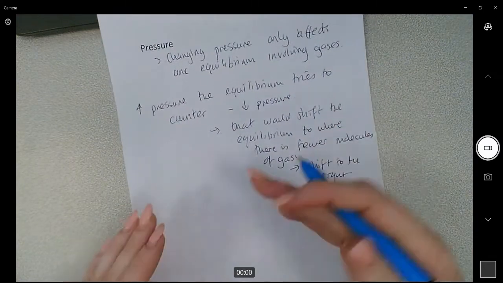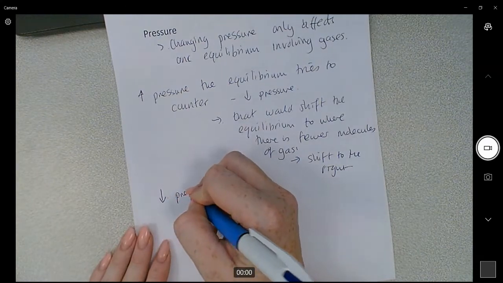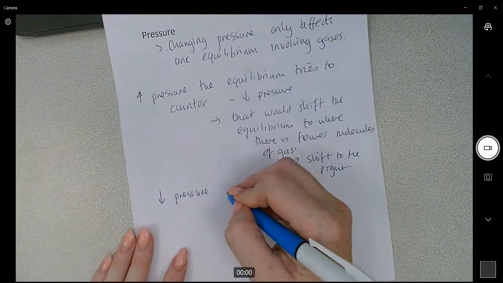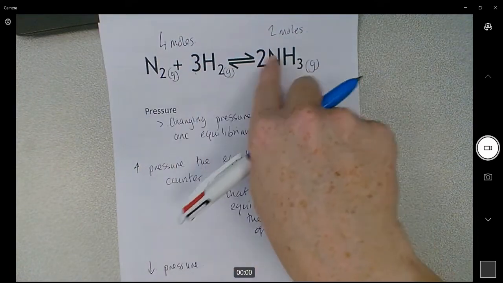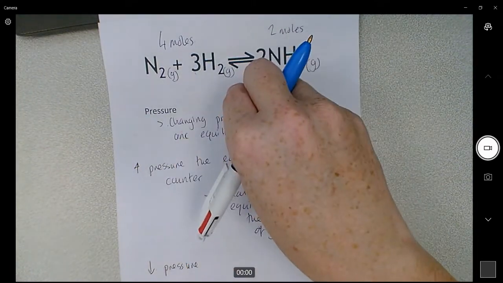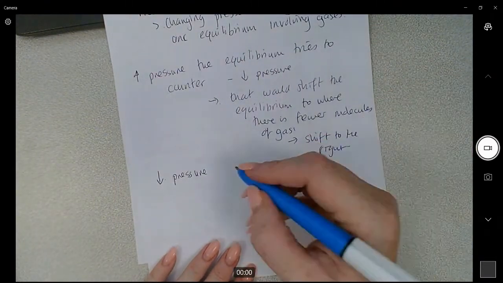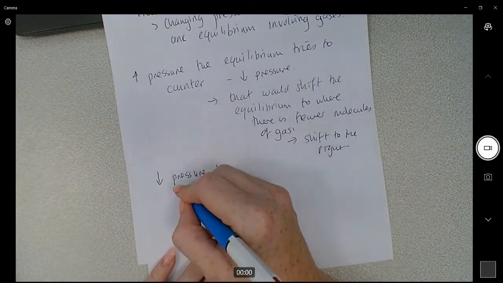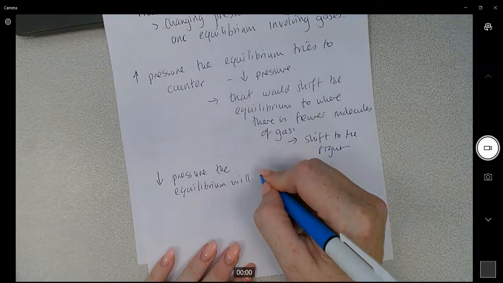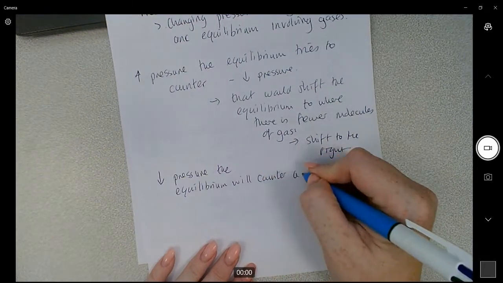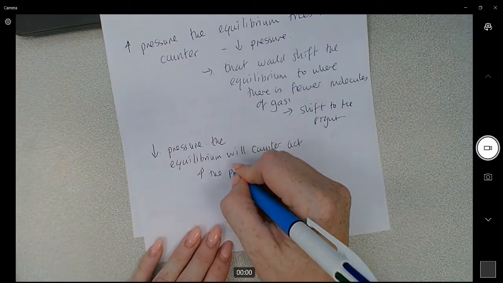And therefore the opposite would be the case if I decrease the pressure. So you need to be careful in counting up the moles, because that's going to help you work out in which direction the equilibrium will shift. Okay, so if I decrease the pressure, the equilibrium will try to counteract it. And as a result, it will try to increase the pressure.